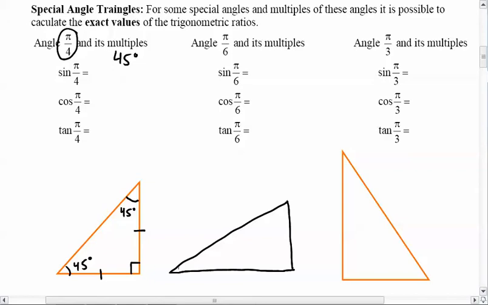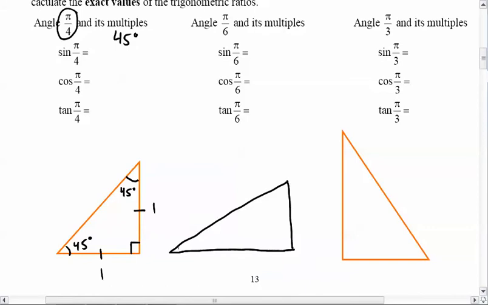And because sine and cosine and tangent are just ratios, it doesn't matter what size the triangle is, the ratio will always be the same. So I can pick any random number that I want for those 2 sides. My favorite number is 1. So I'm just going to say that this side is 1 and this side is 1, because that's the easiest.